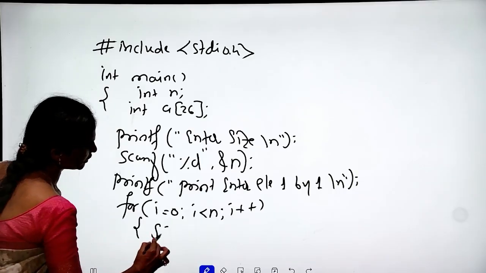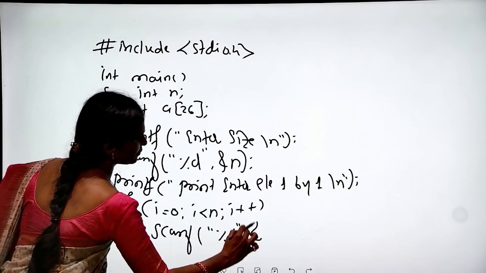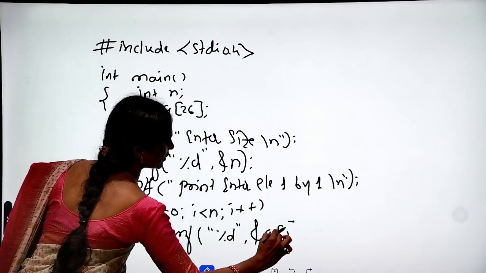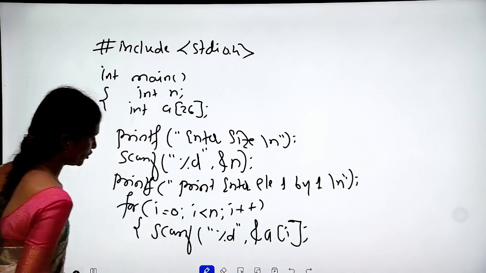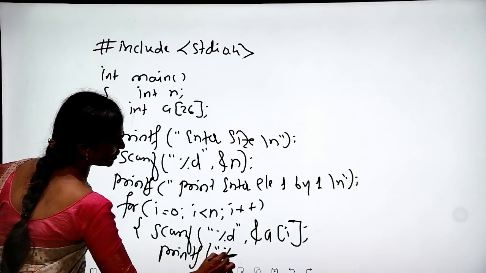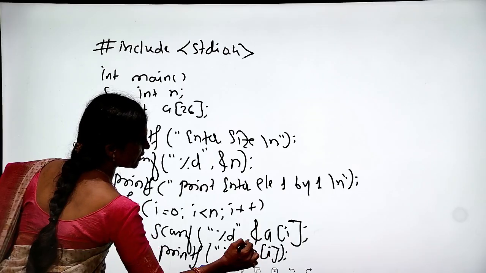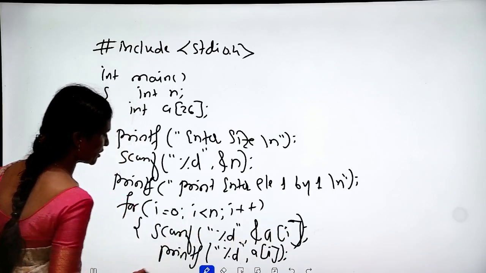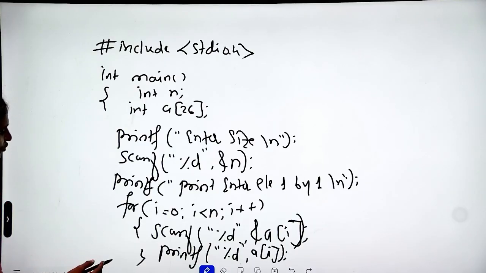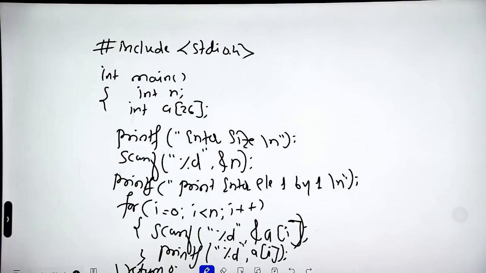So you are going to read here scanf %d, ampersand of a[i]. If you want to print here itself, you can print rather than using one more statement. I will write here itself a[i]. Here it is a scanf statement, hence we need the address. This is the close of the for, and return 0, and this is the close of the main method.